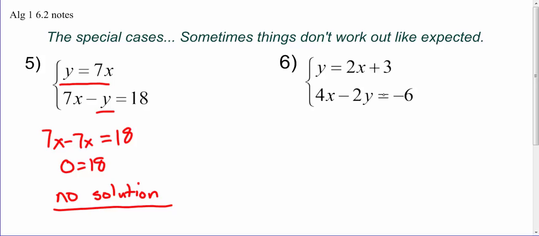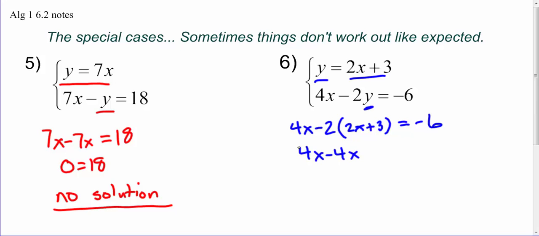All right, let's take a look at the next one. Again, we have a y equals, and right here we see a y. So I'm going to plug in that value. So 4x minus 2y, but instead of y, I'm going to do 2x plus 3, because I know y and 2x plus 3 are the exact same thing. That's what the first equation tells me. It's equal to negative 6.